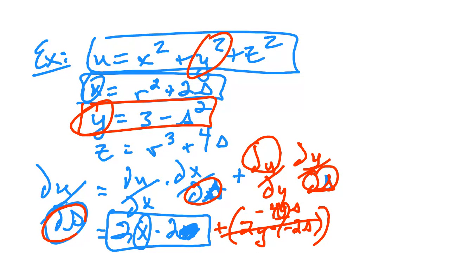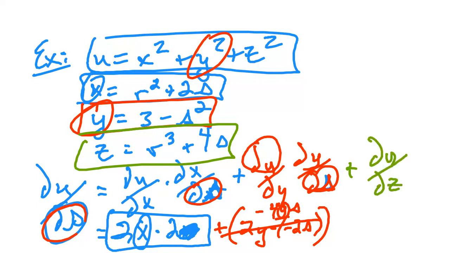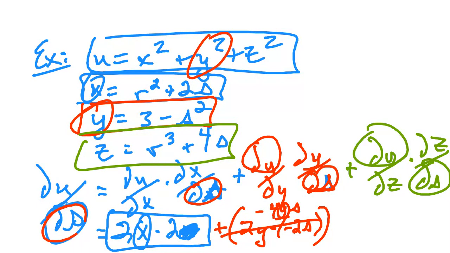And then let's do one more, and then plus the last variable here, I'm going to have z be the green one. This is going to be the partial of u with respect to s, so I've got the partial of u to start, but with respect to z first, and then the partial of z with respect to s, the finish line. So once again, we've got that match here.